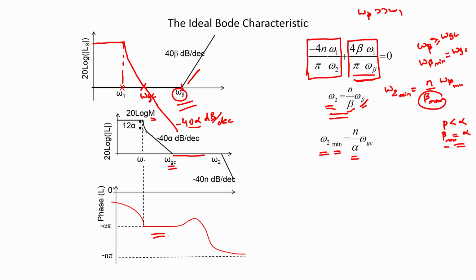Now, this particular magnitude and phase characteristic together is called the ideal Bode characteristic.